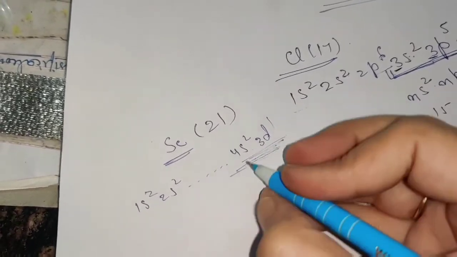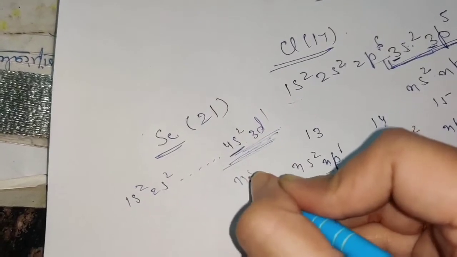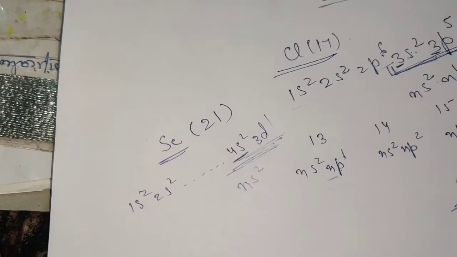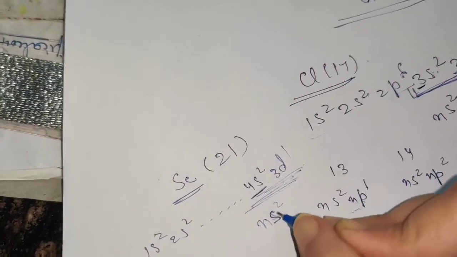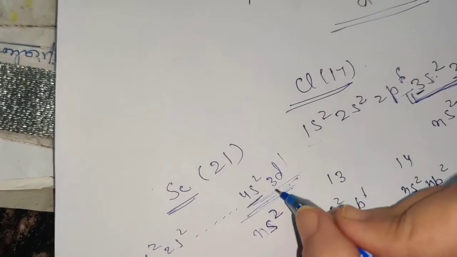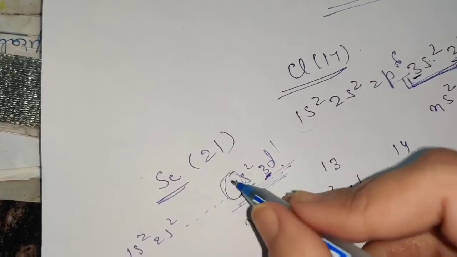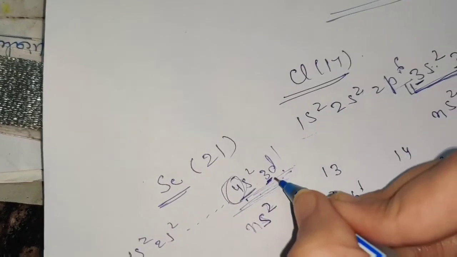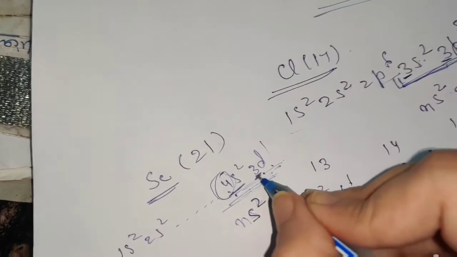Now this 4s corresponds to ns2, and 3d1. The outermost shell is n and this is 4, and the second last shell is 4 minus 1, that is 3.